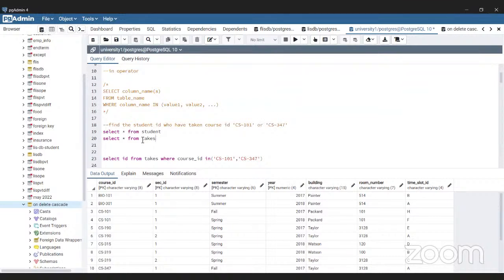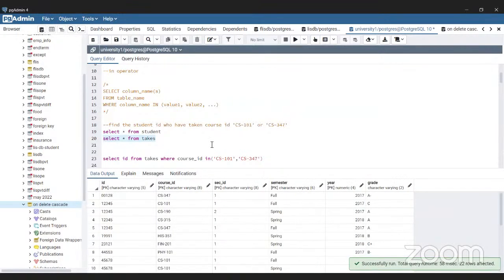So if you see the takes table, and you want to find the student ID who have taken course ID CS101 or CS347, in that case what we can do?